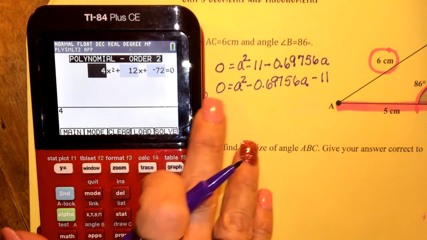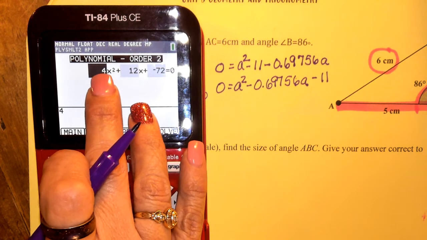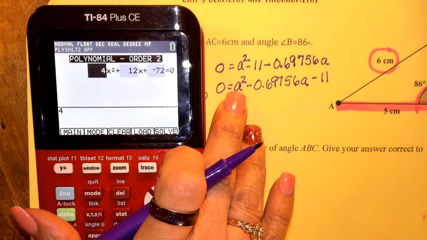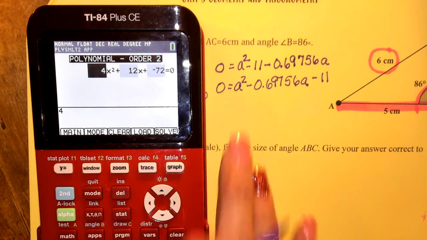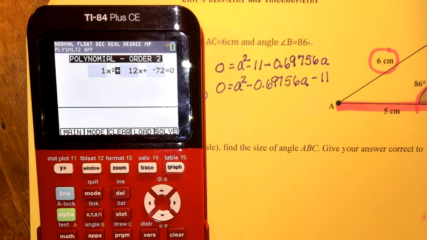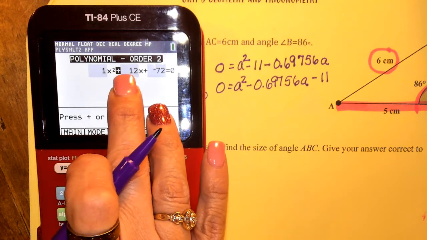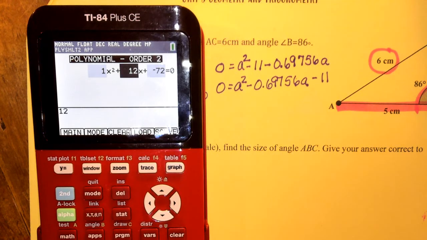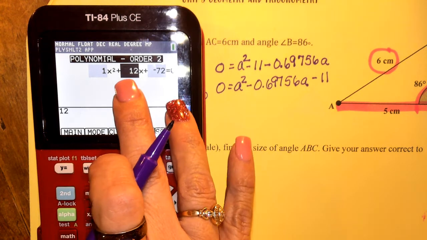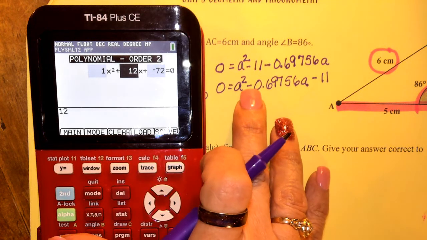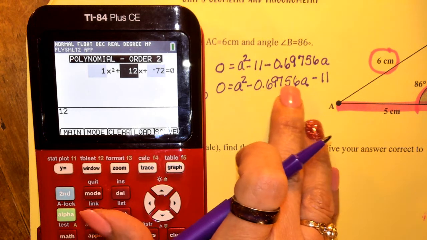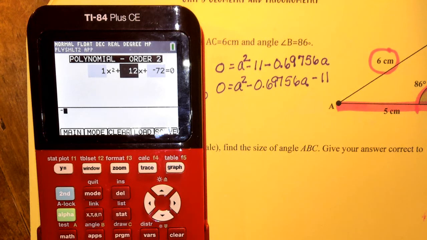All right. We are going to put in what values we have. In front of x squared, we have the number 1. If there's nothing there, it's understood it's 1. So I'm going to hit 1, enter. And see how it put it there? Now it goes over to the plus sign. I'm just going to hit enter again. Instead of 12, I have a negative 0.69756.